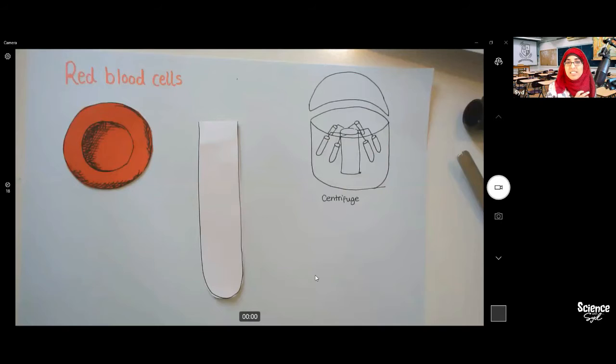Now, we use the idea of density when we're talking about, for example, balloons. When you have helium inside a balloon, what happens compared to when you've got normal air? Well, if you normally blow up a balloon, it will just fall to the ground, right? But what happens when you put helium gas into a balloon? Helium gas causes the balloon to rise, and it goes higher and higher.